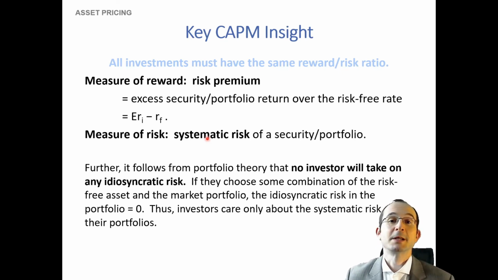And the other powerful insight that, again, we informally saw with the single index model, but now can formally prove with the CAPM, is that no investor will take on idiosyncratic risk. If all expected returns are driven by exposures to systematic risk, there is no compensation for holding idiosyncratic risk, so any investor who is a mean variance optimizer and is therefore risk averse won't want to hold any risk that is not compensated.